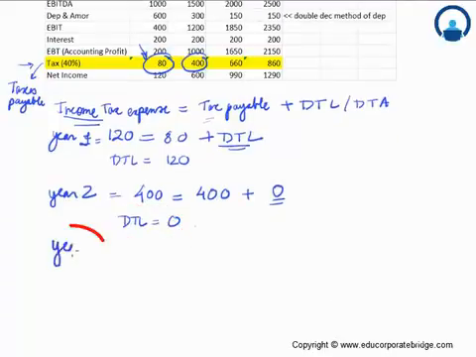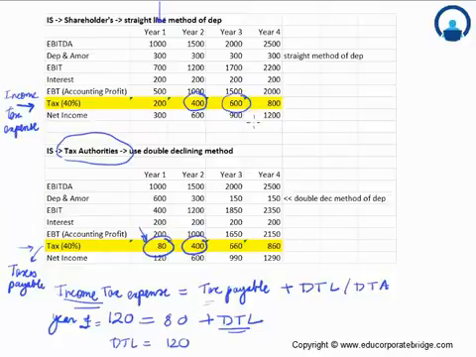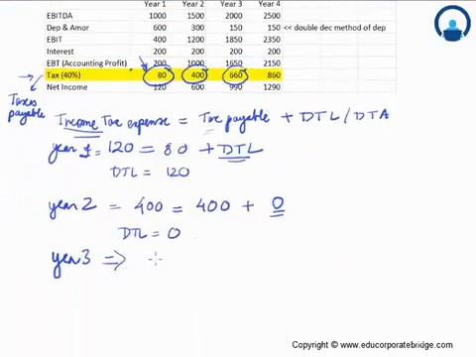So what about year 3? Year 3, let's go back and see what happens. In year 3, we note that the taxes which we have shown is 600 in the shareholders reporting, and we have paid actually more, that is 660. So in this case the situation will reverse. Here we have 600, this is equal to 660 plus some number.